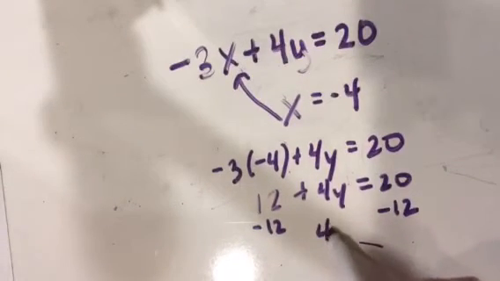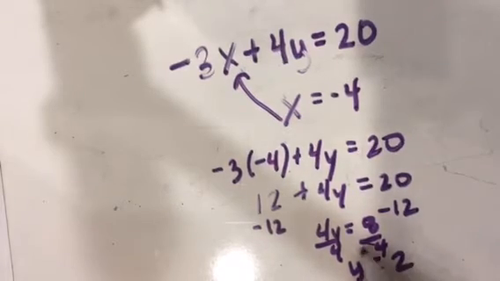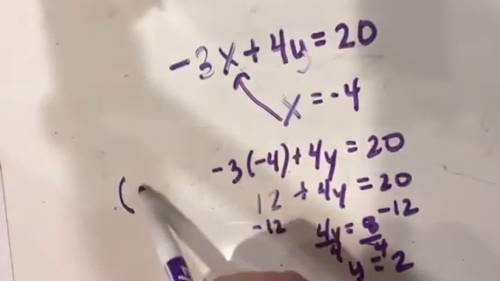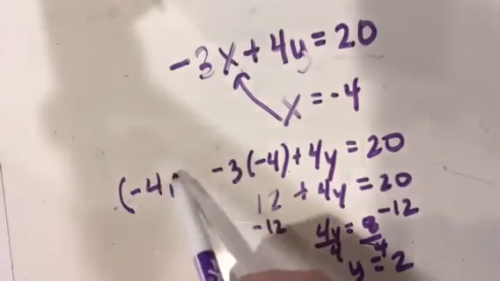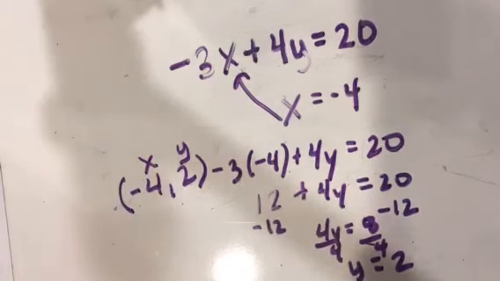We now have 4y equals 8. So we can divide by 4 and get that y is 2. And the answer to this is negative 4, 2. That's our solution point where these two equations intersect.